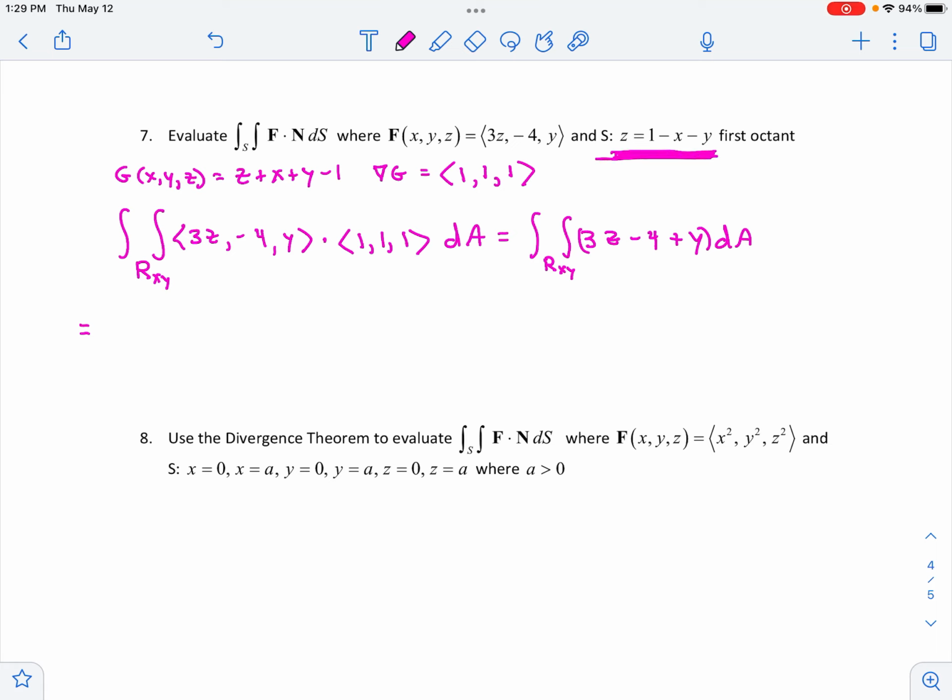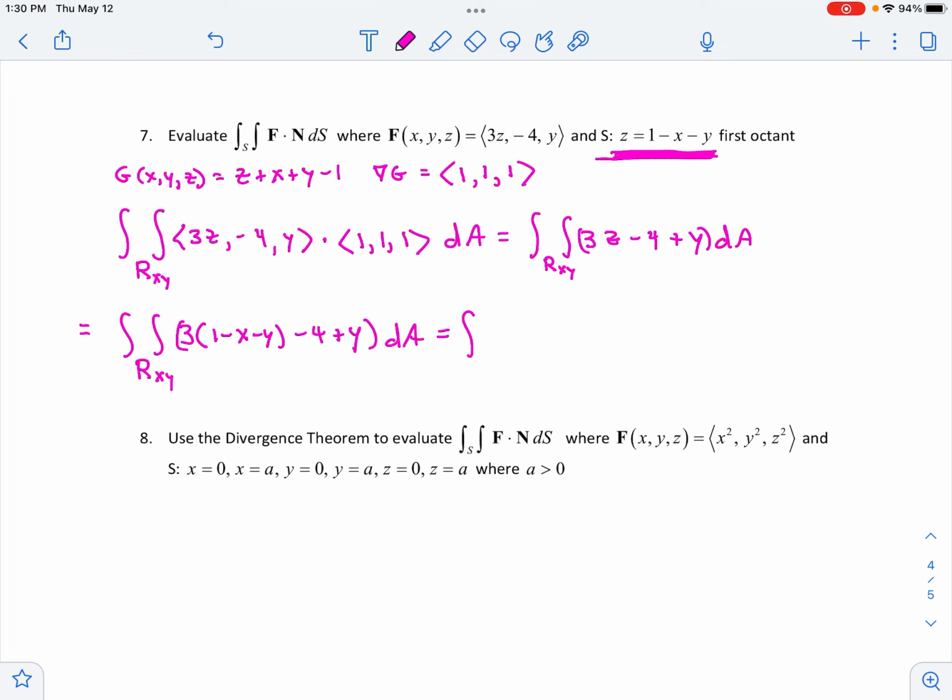I'm limiting to what's on this surface. Z equals 1 minus x minus y. So I'm going to rewrite this z as 1 minus x minus y. Okay? And now I can project down into the XY plane.